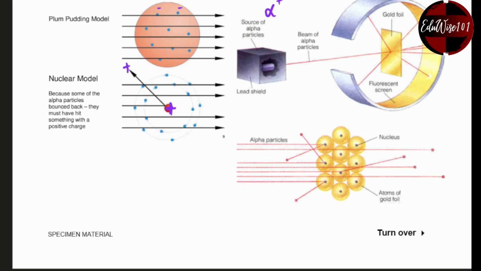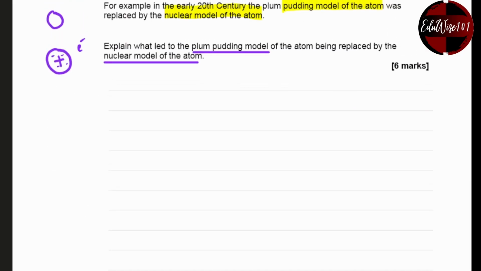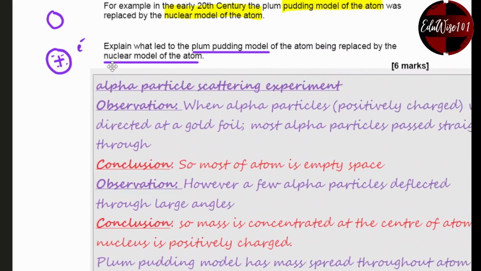So, for the answer, which is 6 marks, you need to describe the observation and the conclusion and link them together to explain what led to the plum pudding model being replaced by the nuclear model. Here's the answer for it.